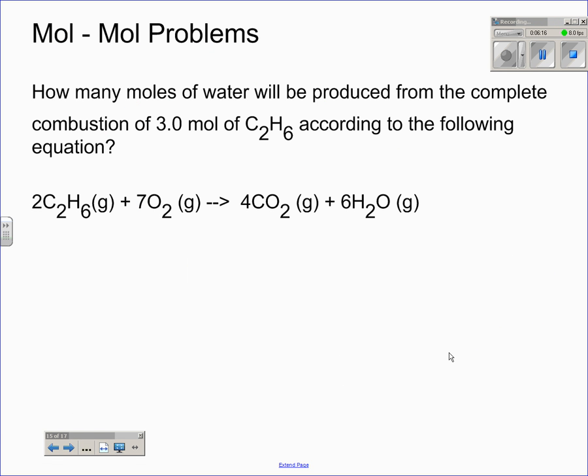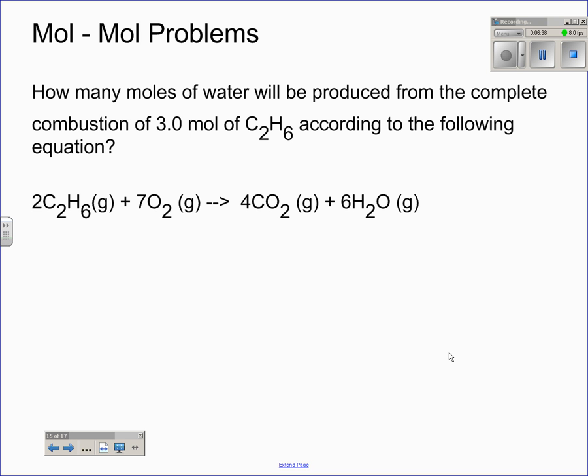This one is a mole-to-mole problem, and it's when you're given a balanced equation but not given grams. So you're just given moles of 2 different substances in a balanced equation, and you're asked to figure out how many moles are either consumed or produced of one of the substances in the equation.